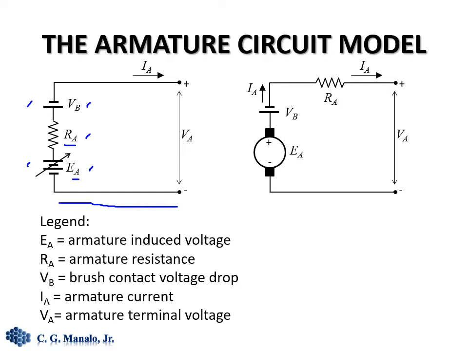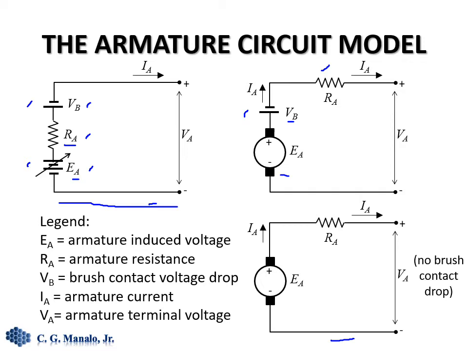We replace the symbol of EA with this symbol so that it looks like it is produced by a rotating machine. V sub B and R sub A are still there, although they are interchanged in the drawing, but the effect of the model should be the same as on the left side. Sometimes we don't show V sub B, especially if we ignore its effects on the circuit and simply draw it in this manner. So here we assume that the brush contact drop is negligible.